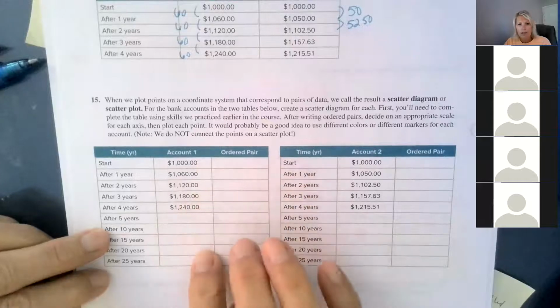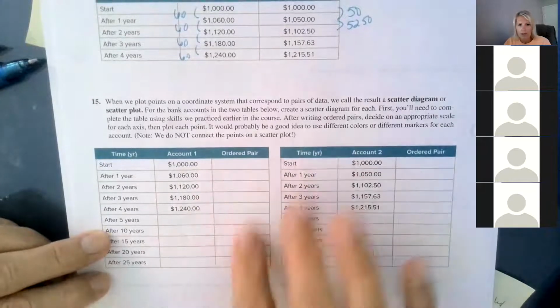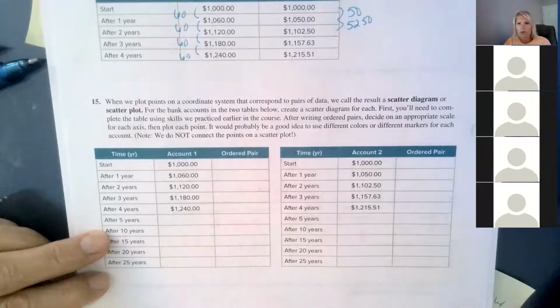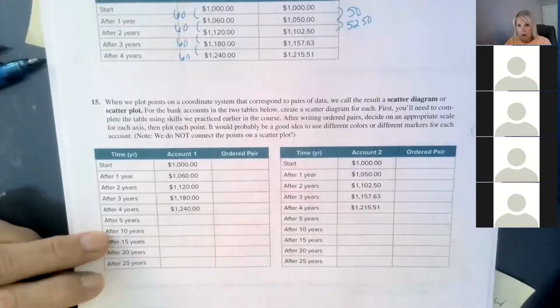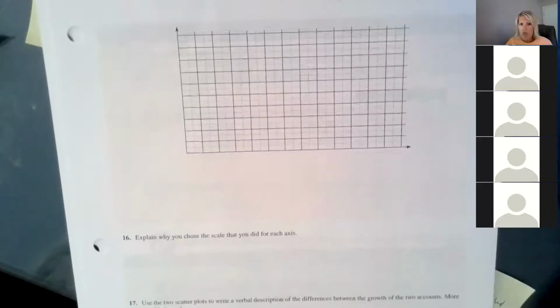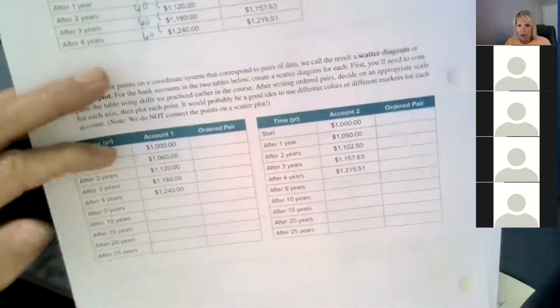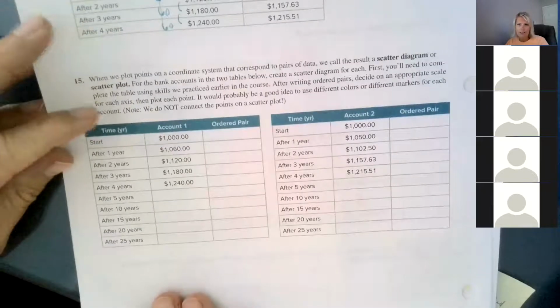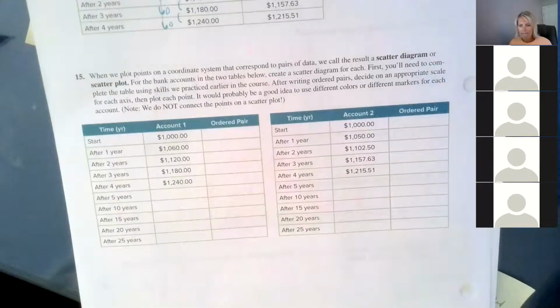So 15 is asking us to fill in what we think is going to happen, make some ordered pairs. We're going to use some skills from unit 2.1, the lesson we did on Tuesday, and then they want us to graph it by hand. We're not doing that. We're going to Desmos. So is everybody ready to learn something new and exciting?